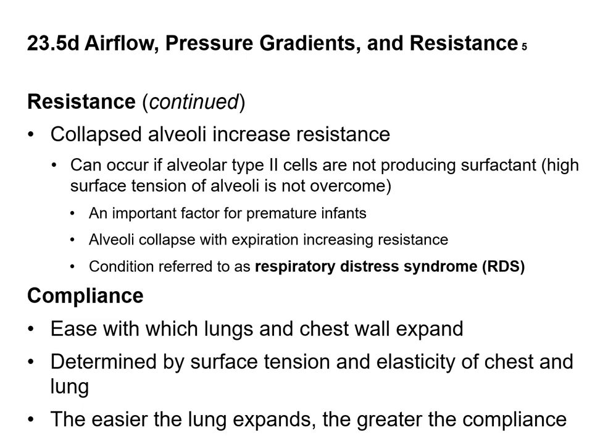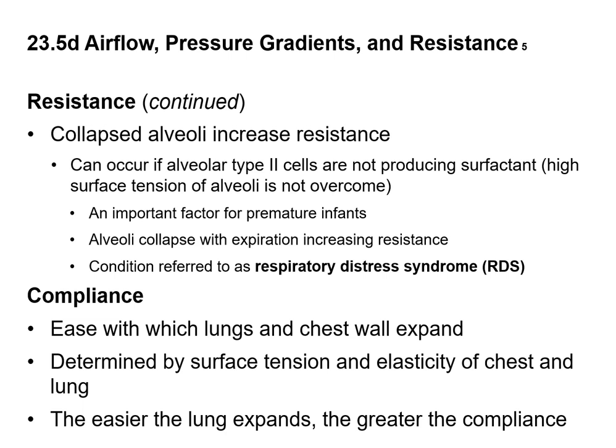And so if you don't have this surfactant, this kind of lipid substance that coats the inner lining of the alveoli, then you have increased surface tension, and you can end up with increased resistance because these alveoli are not opening, and thus air is not moving in, and that affects gas exchange and several other things, right?